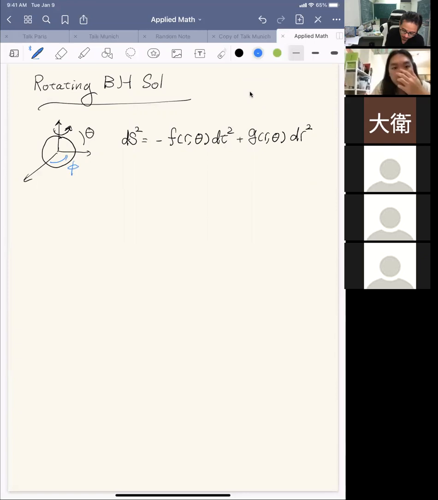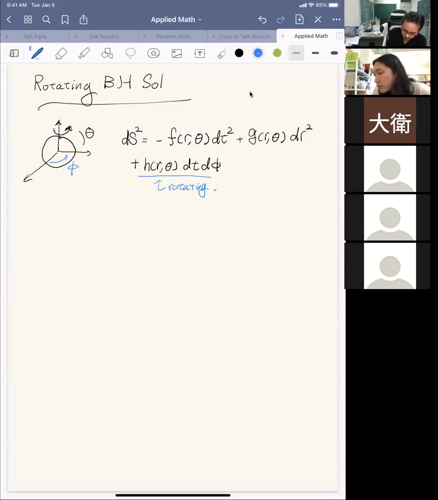What that translates to in your metric ansatz is that you're going to have some mixing between the time direction and the phi direction. This is basically the hallmark that you're rotating.